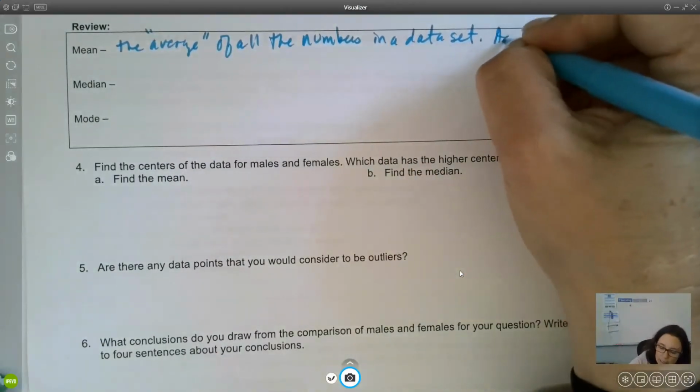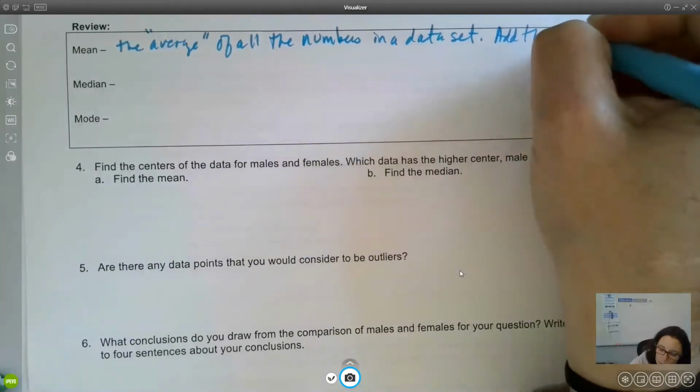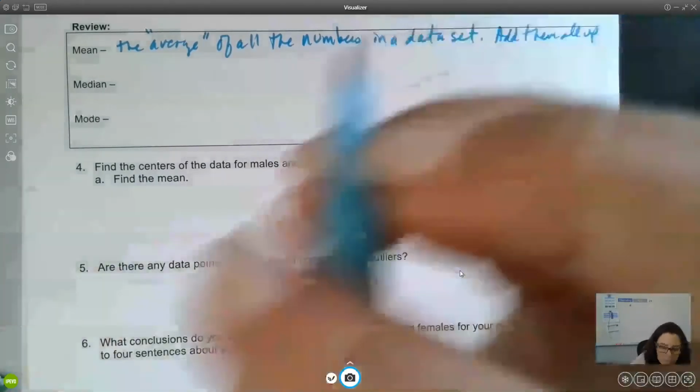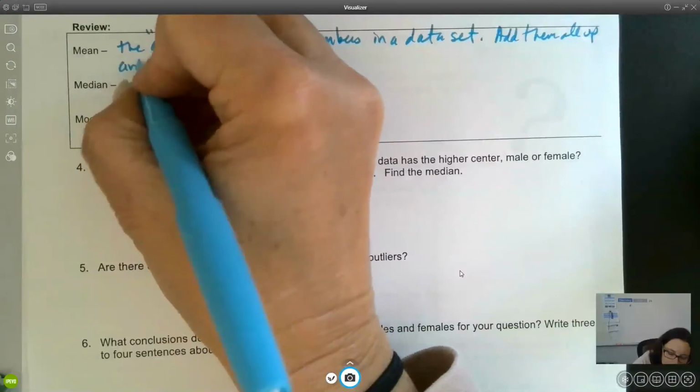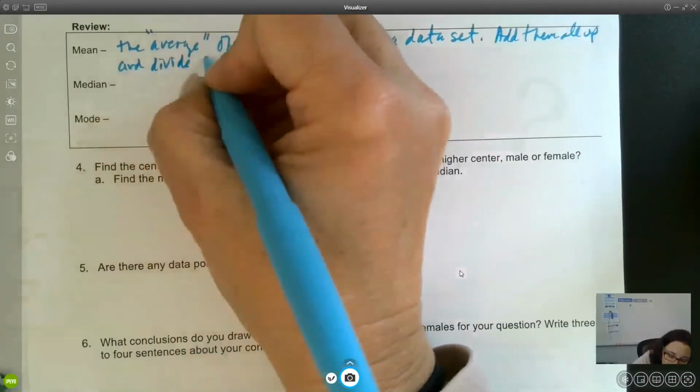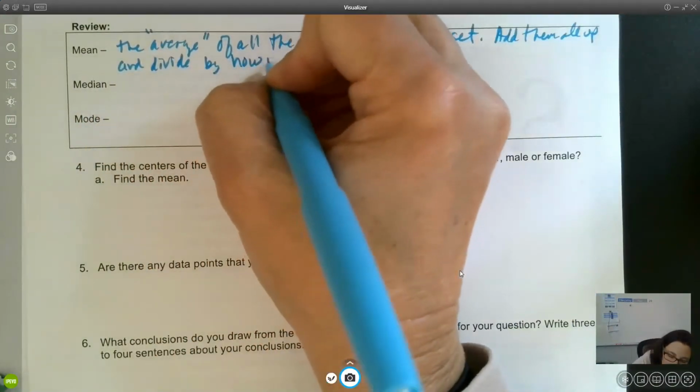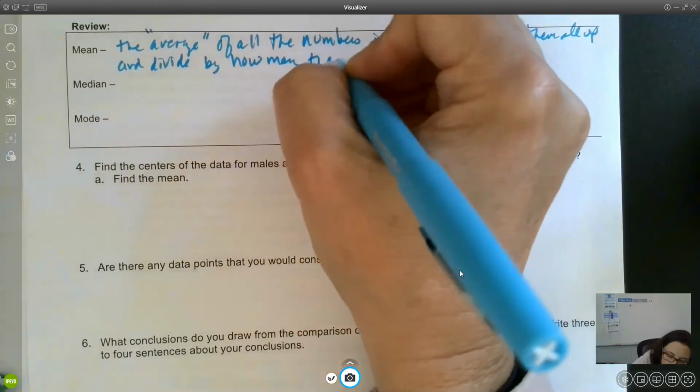You add them all up and divide by how many there are.